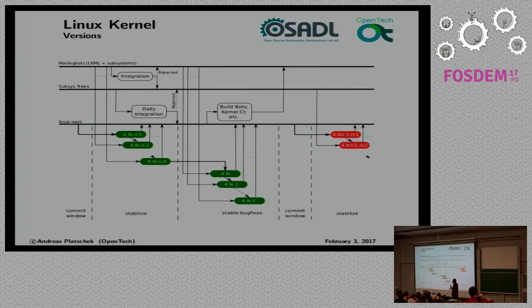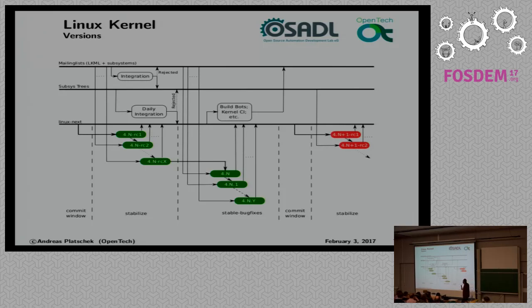Now we're in a stabilization phase where patches are pulled into further release candidates, usually about 6 to 9. It's important to note that the number of patches pulled in decreases radically between RC1 and the others. We looked at 4.4: RC1 got almost 13,000 new patches, while each of the other release candidates got just a few hundred, 300, 200, something like this.